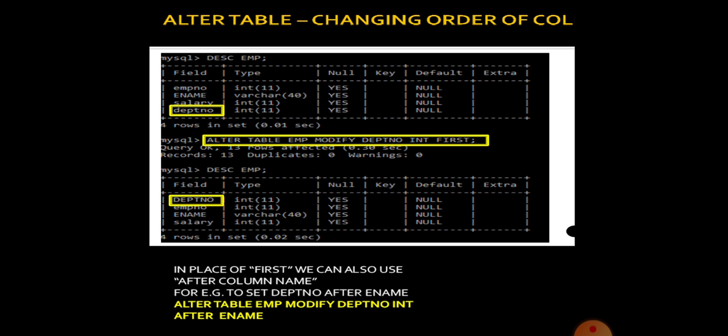But look here, we can also set department number after ename. So what is the change you need to give? After ename. You can use after or first along with the modify clause for changing the order of a column.